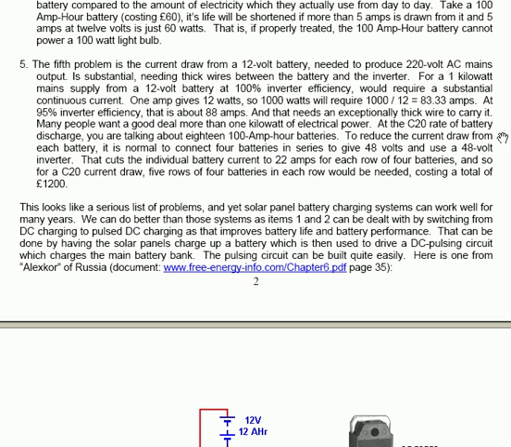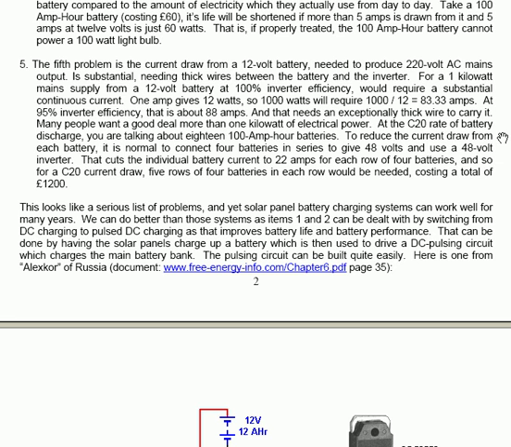Many people want a good deal more than 1 kilowatt of electrical power. At the C20 rate of battery discharge, you are talking about 18 100 ampere batteries. To reduce the current draw from each battery, it's normal to connect 4 batteries in series to give 48 volts, and then use a 48 volt inverter.